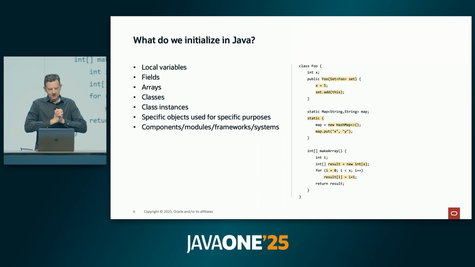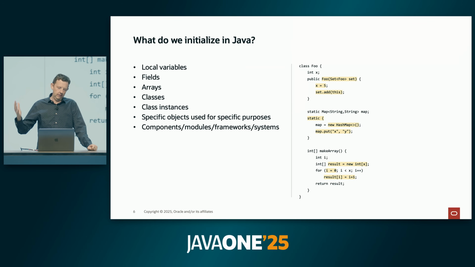And sometimes objects, even when I've initialized a class instance and the constructor gives it back to me, what I want to do with that object has not been fully initialized yet. So the object, in my use case, is still uninitialized. There's an example here with the hash map where it's a perfectly valid hash map that I get back from the constructor call, but I need to put some things in it for it to be useful.